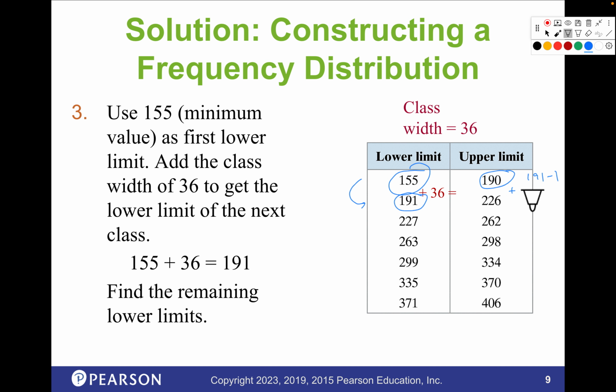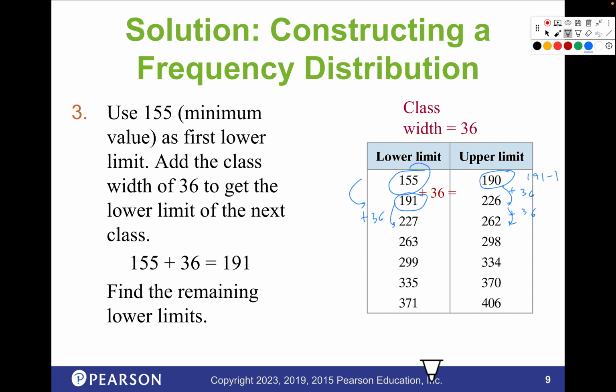For the rest of the numbers, you just start adding 36 to the upper limit, and that gives you 226. Add 36, you get 262. And on this side, you're doing the same thing. You just keep adding 36. Notice you treat the lower limits and upper limits separately, but from one to the next, it's always 36. That's the class width.